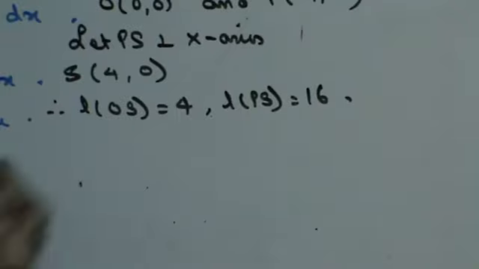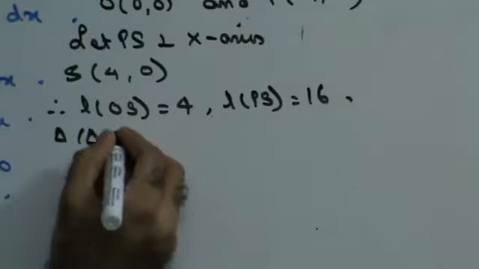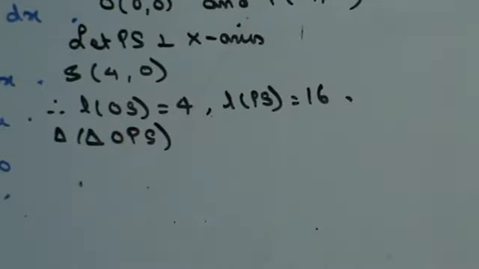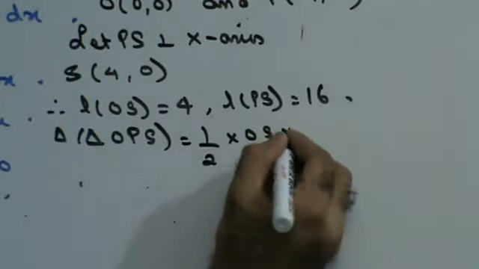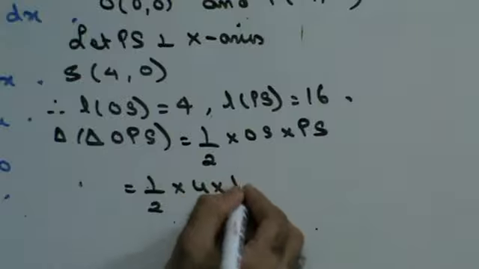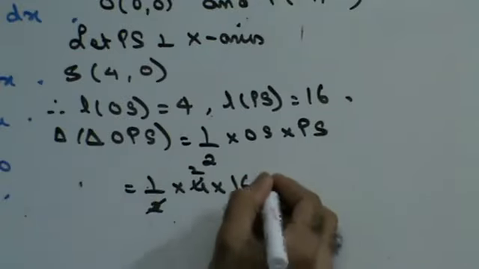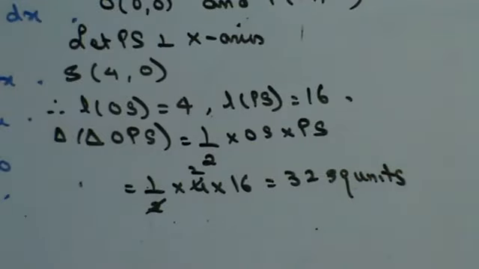Since I know this, I can find out the area of triangle OPS. Area of triangle is nothing but half base into height, OS into PS. So half, base 4, into height 16, is 32 square units. Right?